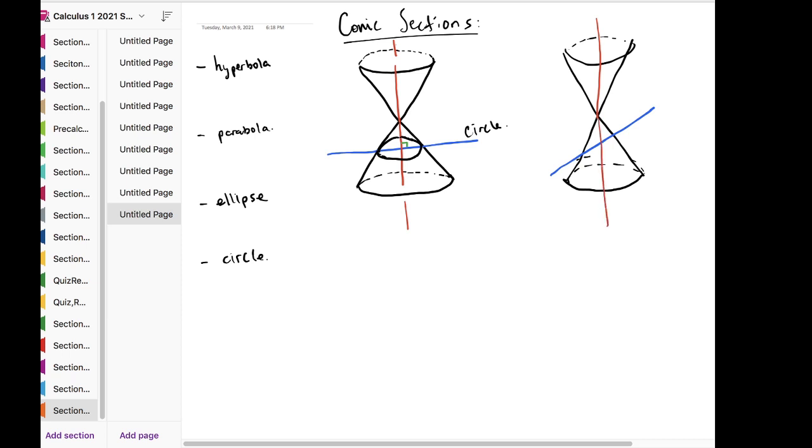If you want to see it vividly, take the bottom half. This is the circle.